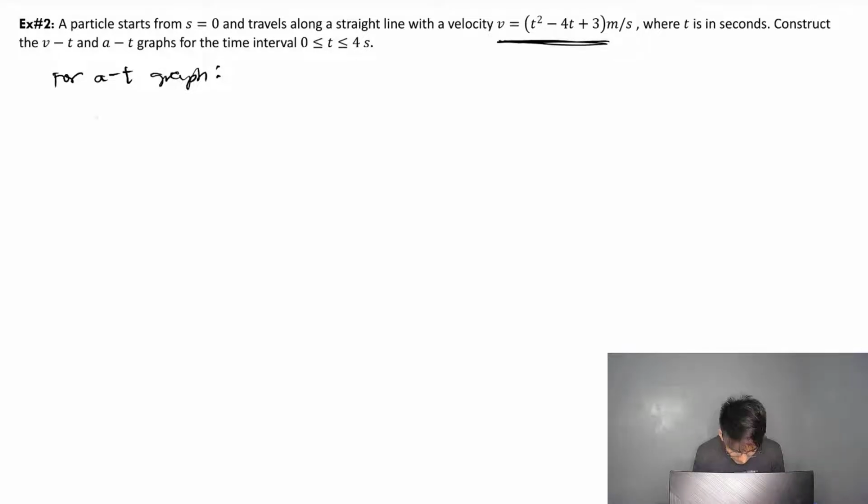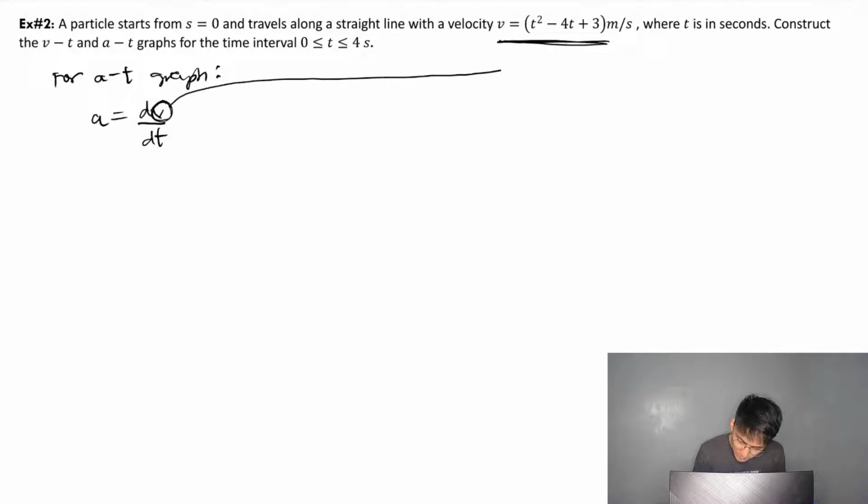So, we have acceleration formula is equal to dv over dt. Now, yan, meron tayong value ng v na given sa problem. Ito po yan, ito. So, we have acceleration is equal to the derivative of t squared minus 4t plus 3.